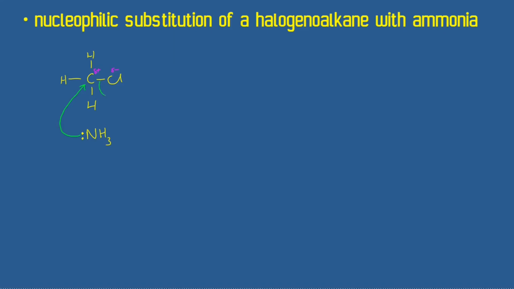And chlorine's a good leaving group, so the electrons are going to move from the carbon-chlorine bond to the chlorine. So now we've made this compound here. I've got my carbon, just attached to 3 hydrogens and then joined onto the nitrogen that's come from the ammonia.